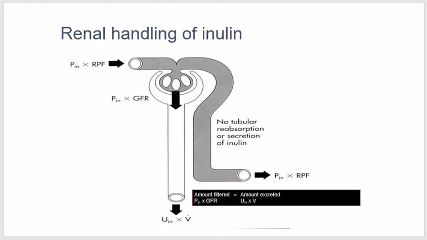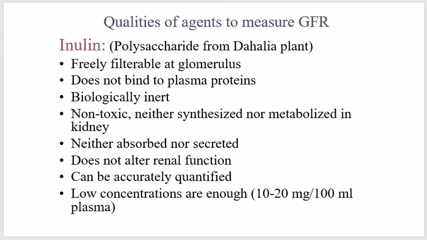Inulin is not the only substance that can be used for determining the GFR. Other substances that have also been used to estimate the GFR include radioactive iothalamate and creatinine. So, qualities of these agents to measure the GFR. Inulin is a polysaccharide from the dahlia plant, freely filterable at the glomerulus. Second, it does not bind to plasma protein.